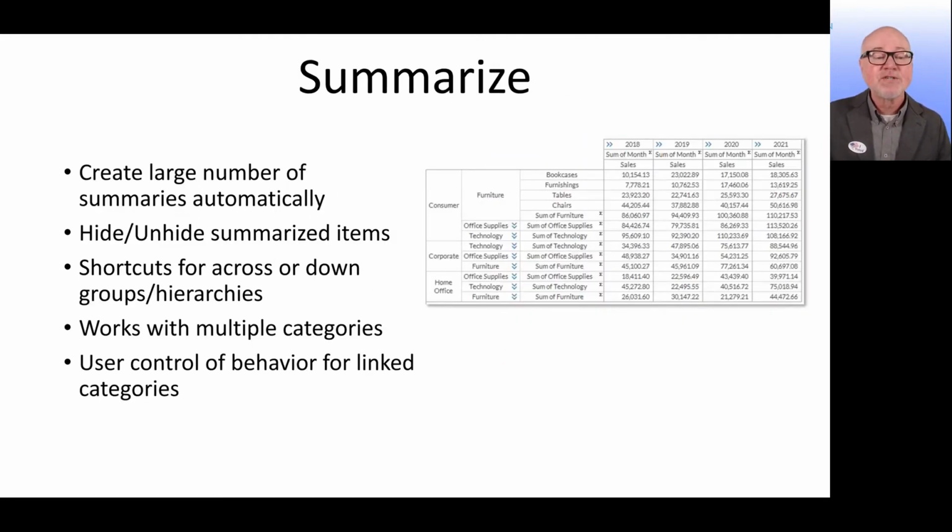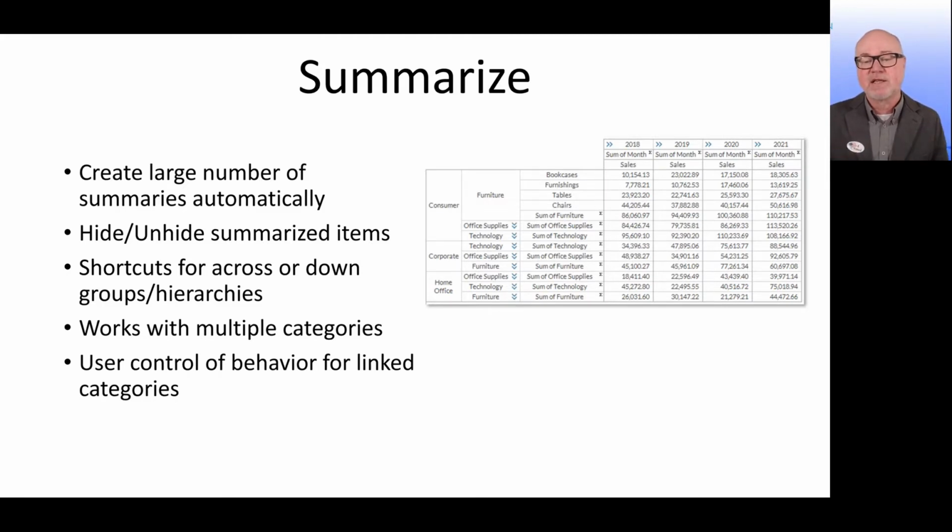All right, next feature, 22.1, we introduced Summarize. Summarize allows you to create a very large number of summaries automatically by clicking this little blue chevron-style button, these little blue arrows, and they will not only create a summary item for any place in the hierarchy or in a set of items that you've clicked on, but they will also hide the unsummarized items.